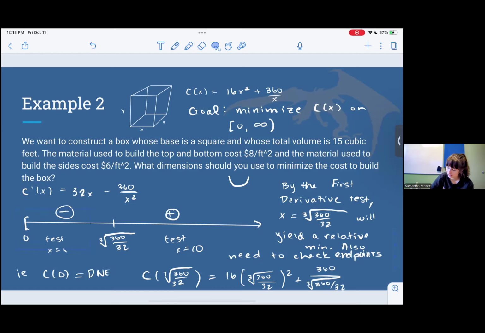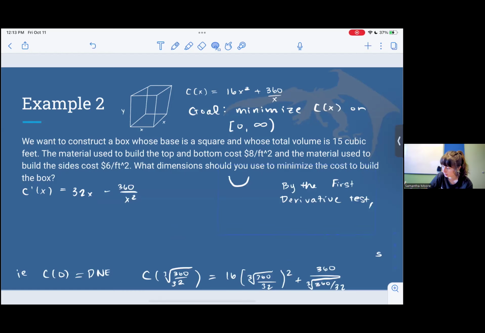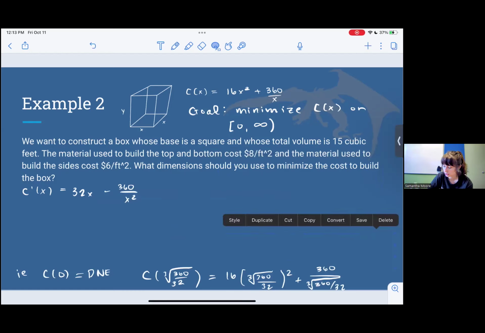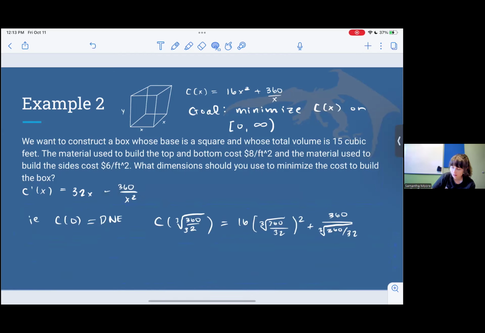And so what we get at the end of the day is, because these were the two options for where cost could be minimized, we get to choose the best one, which is this second point that we checked.